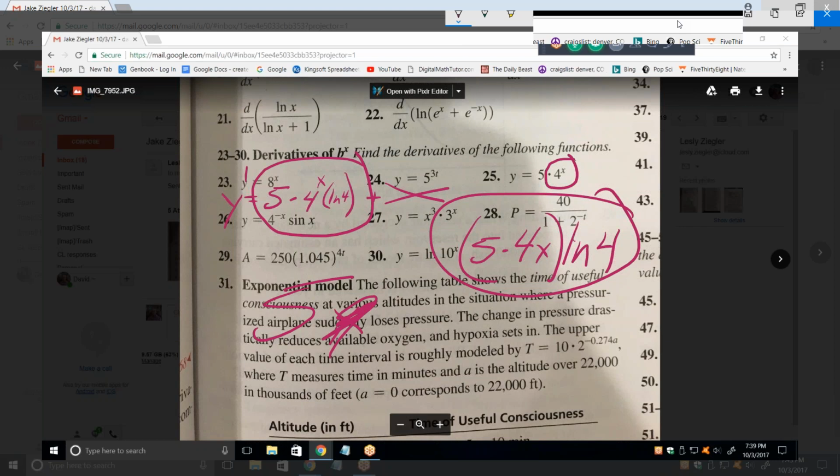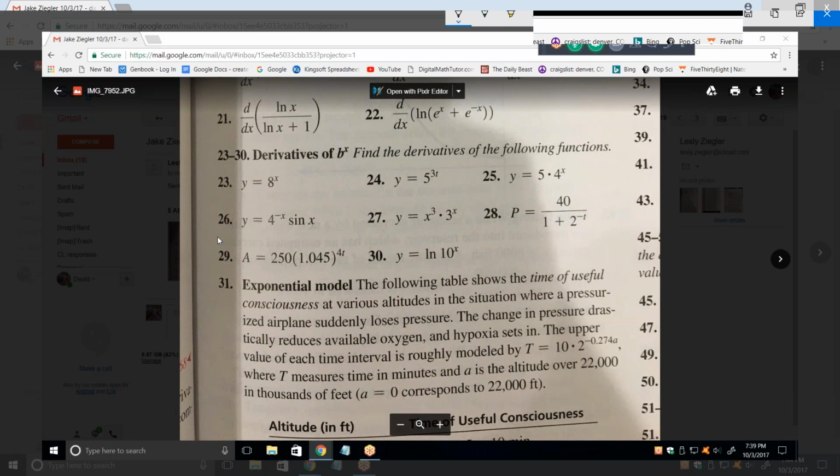But if you ever have any question as to how to treat that coefficient, treat it as a function. Y equal 5, that's a u. And I can apply the product rule. You don't generally have to do that. It's a lot of extra work, but you can certainly verify if you're doing a problem correctly by applying the product rule.